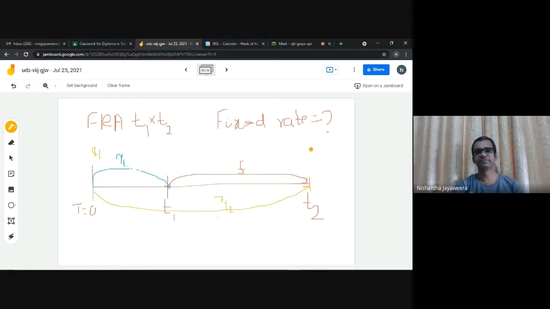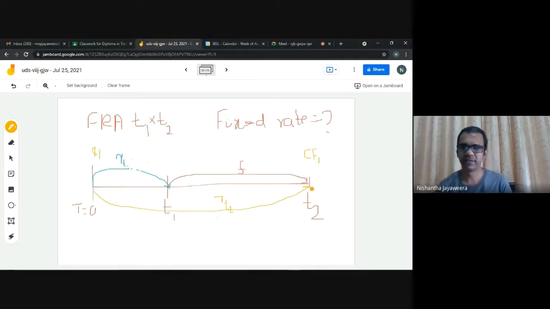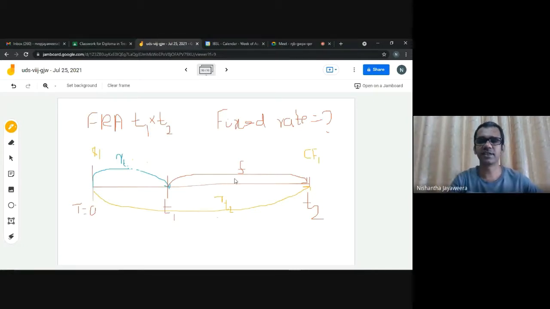The end figure, whatever cash flow you get here, should be the same as if you invest that $1 for the total period. Whether you roll over and get the cash flow or invest for the whole period in advance, both cash flows should be the same. There shouldn't be any difference. On that basis, we can calculate this F.